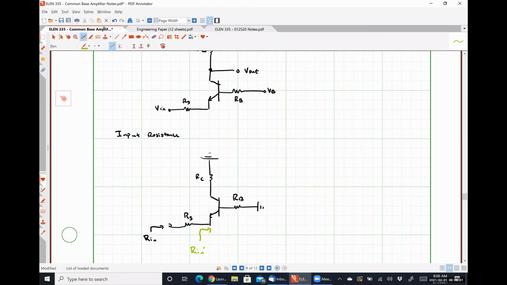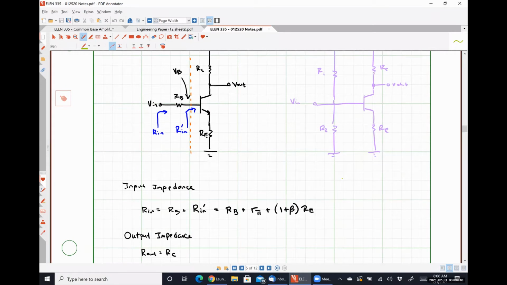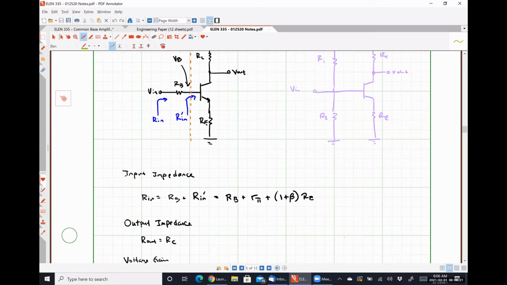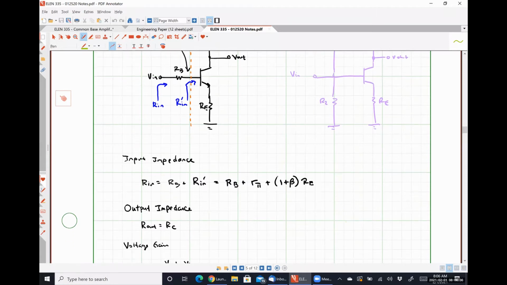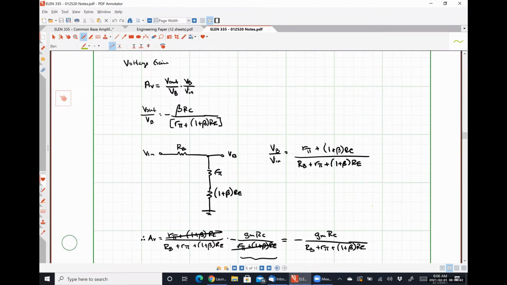We're going to see it in series with a common emitter amplifier with emitter degeneration and base resistance where RE is infinitely large, meaning we have an open circuit there, right?